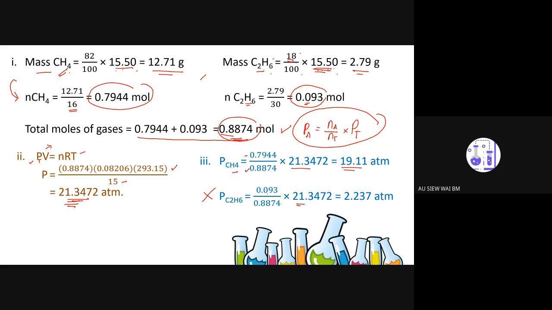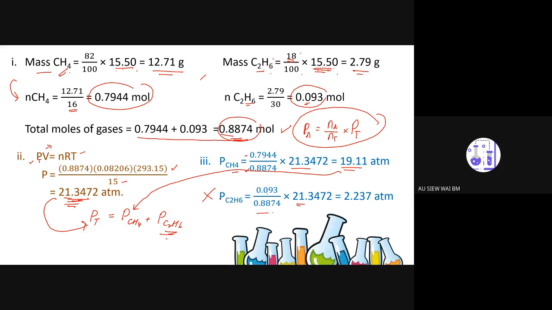Okay, no. So to get this, actually from earlier, when you started learning Dalton's law, P total equals P CH4 plus P C2H6. P total you already have here. And from the first part, you already calculated the P for the CH4. So P total minus this one, straight away you get this one.